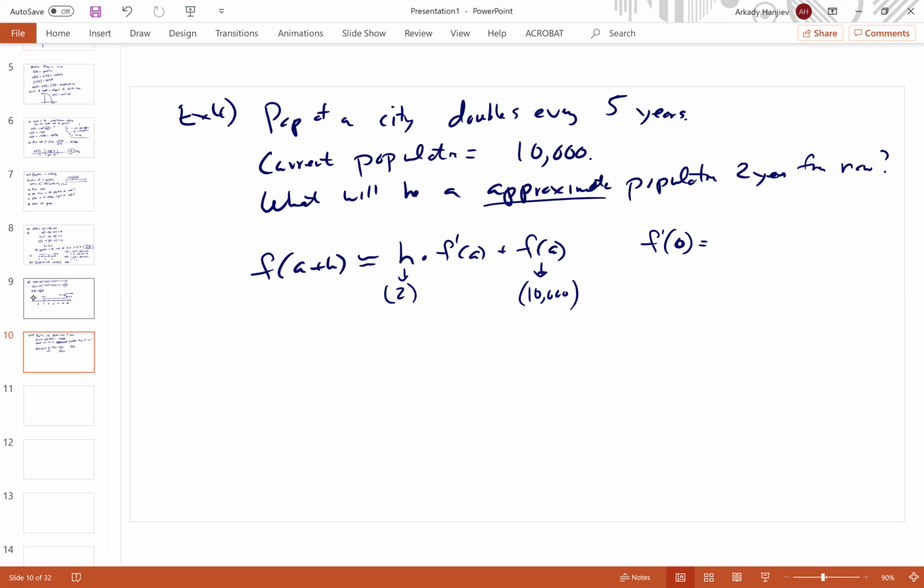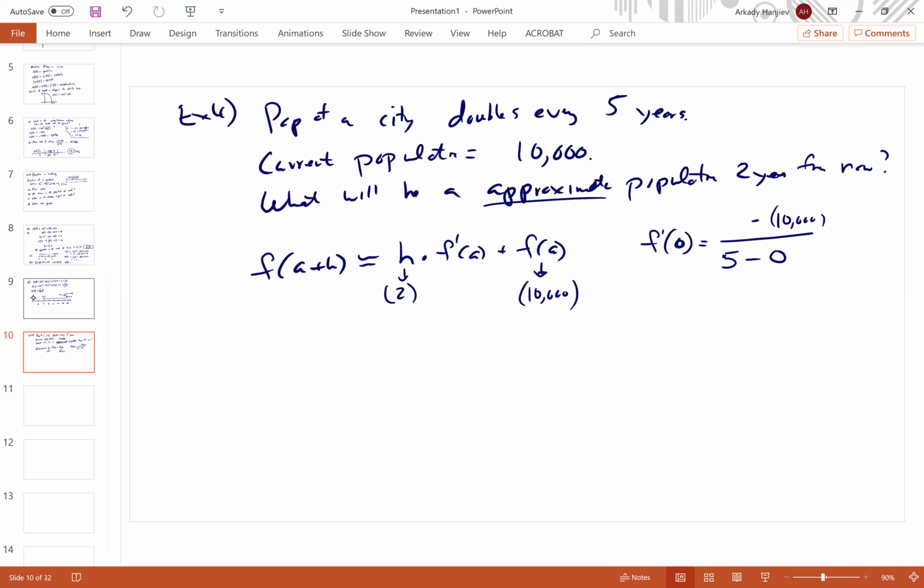And we're trying to go from here to the next level. So we know it doubles every 5 years. So see if this makes sense. I'm going to go with 5 years later, subtracting our current. So 5 minus 0, if it's going to double. So then on top, I have 10,000 is my current value.